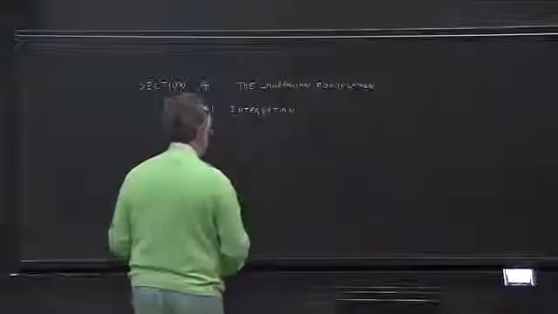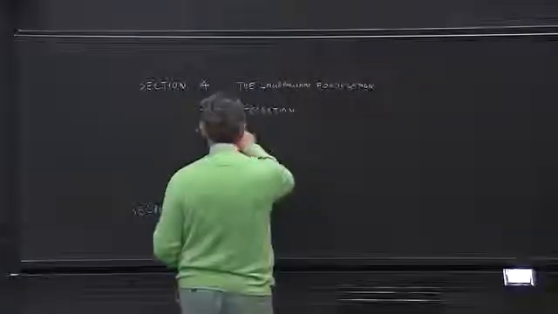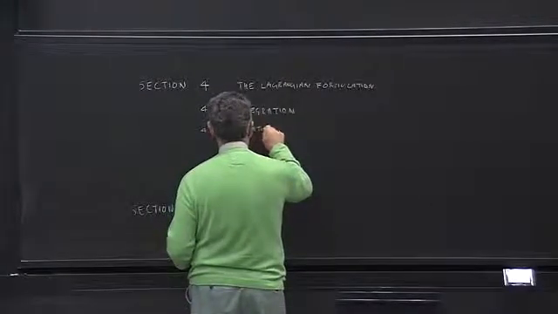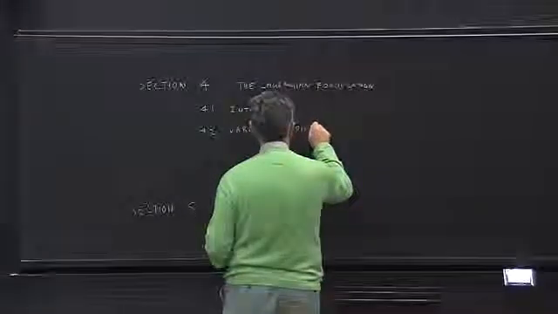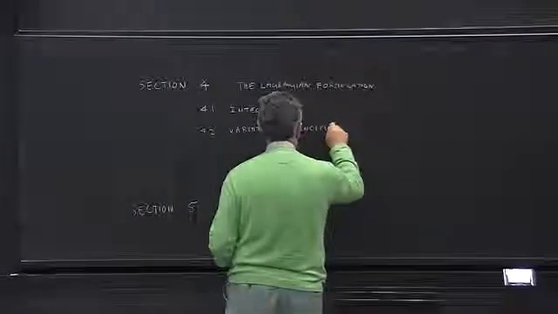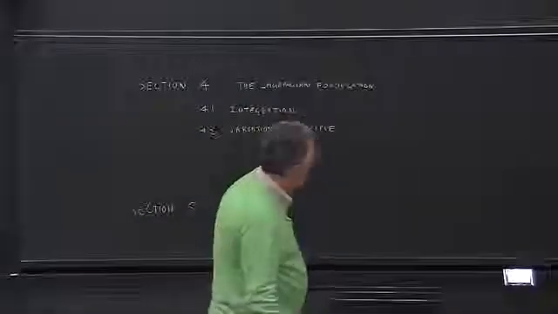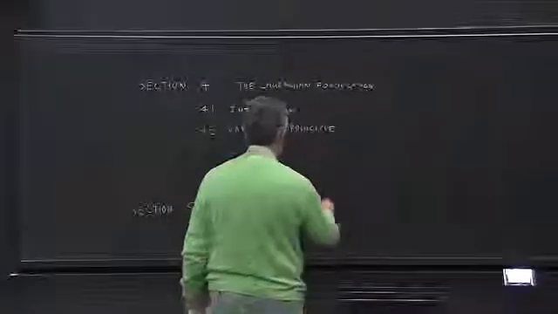Once we know how to integrate, we can write down an action, and we can derive Einstein's equations by varying the action and deriving them as the Lagrangian equations of motion.